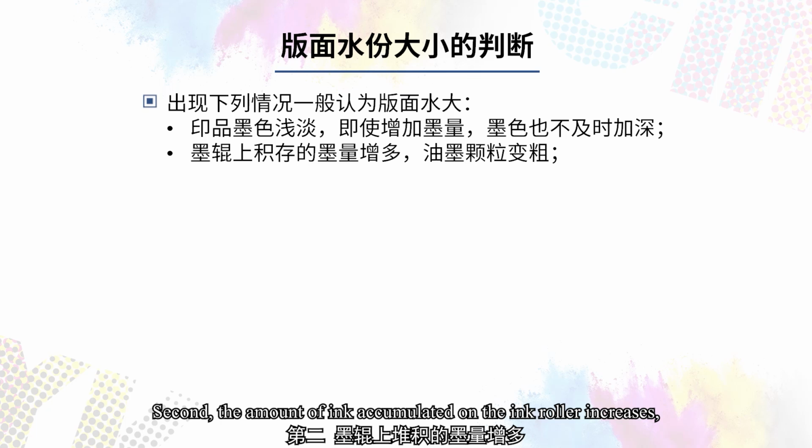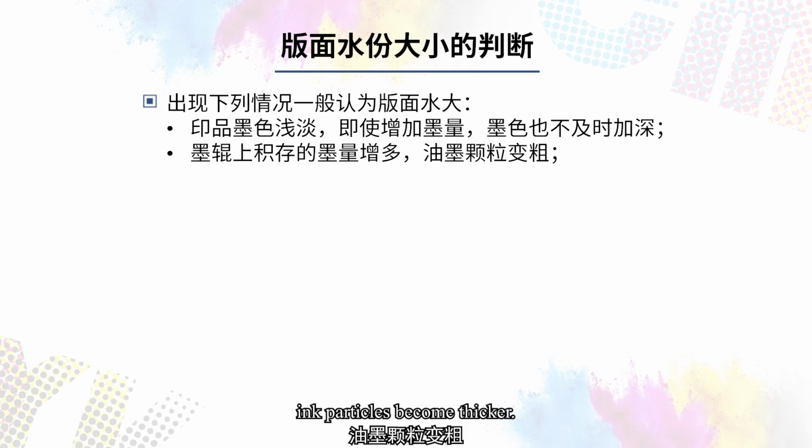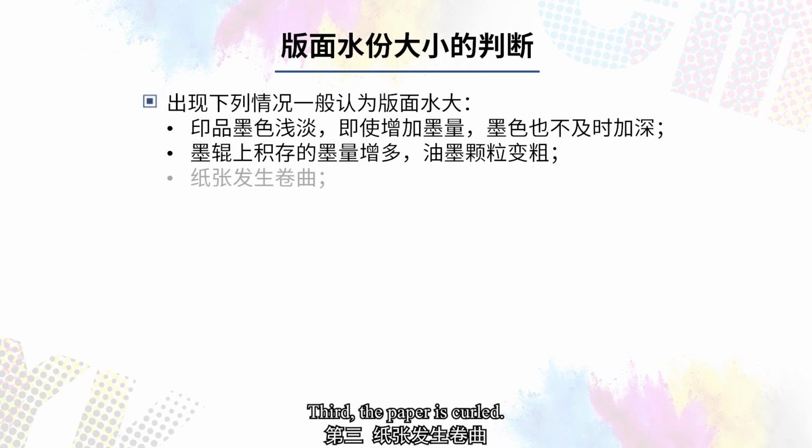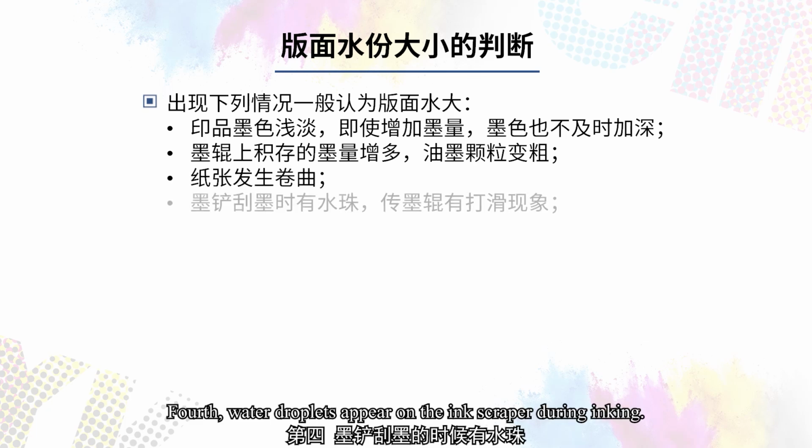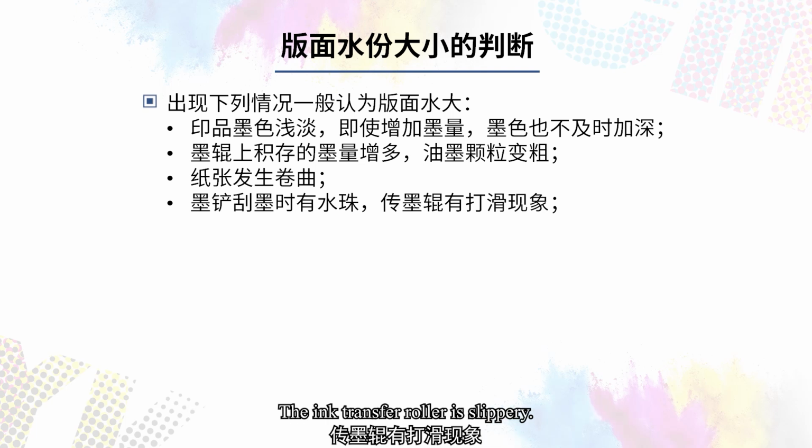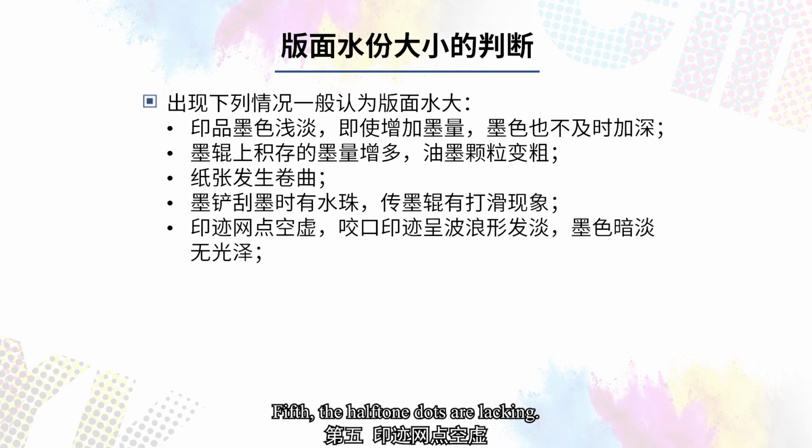Second, the amount of ink accumulated on the ink roller increases. Ink particles become thicker. Third, the paper is curled. Fourth, water droplets appear on the ink scraper during inking. The ink transfer roller is slippery. Fifth, the halftone dots are lacking. The marks at the bite area are wavy and faint. The ink color is dull and lackluster.